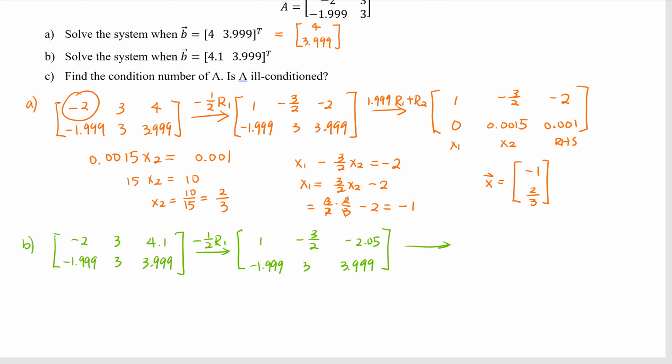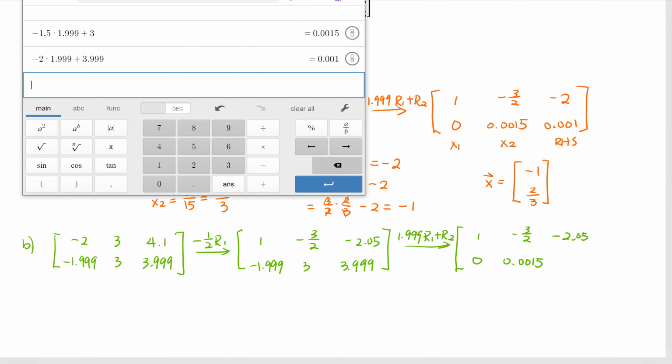We can still use 1.999 times row 1 added to row 2. Here we still get 0, and this entry is still the same, but this one is going to change. What number does it change to?